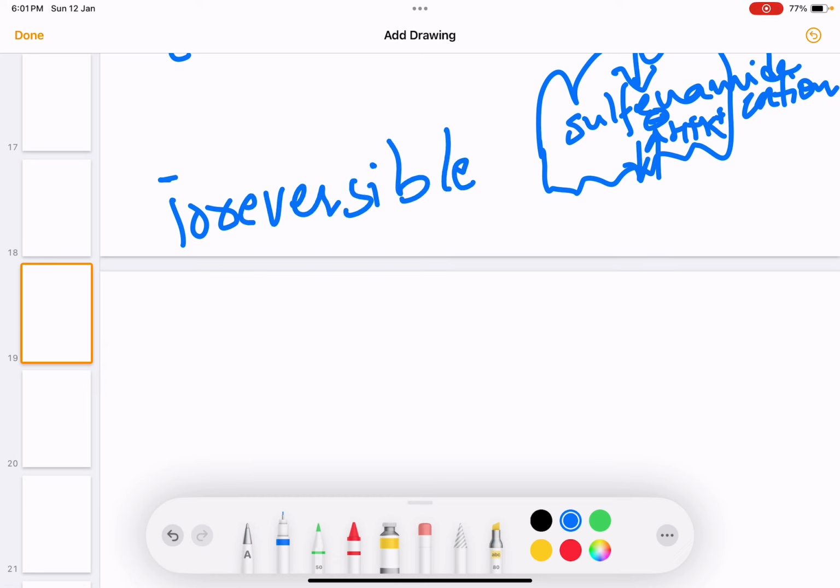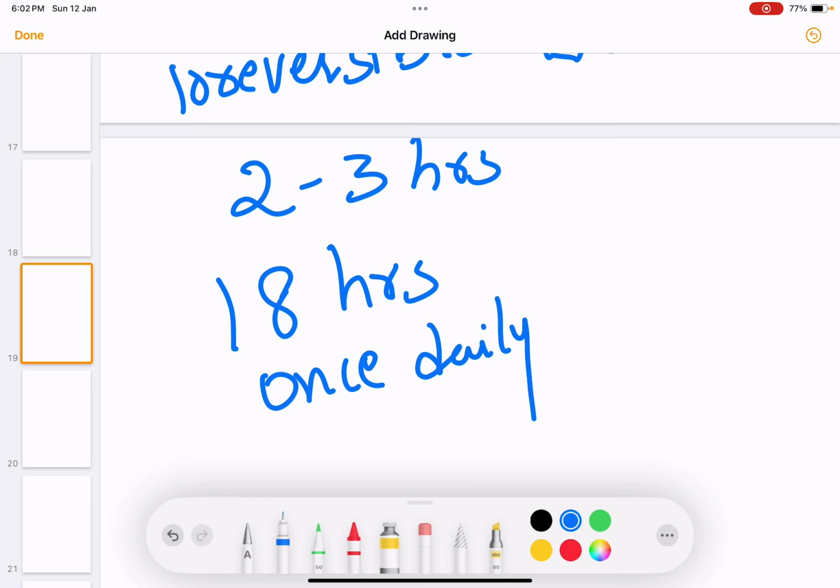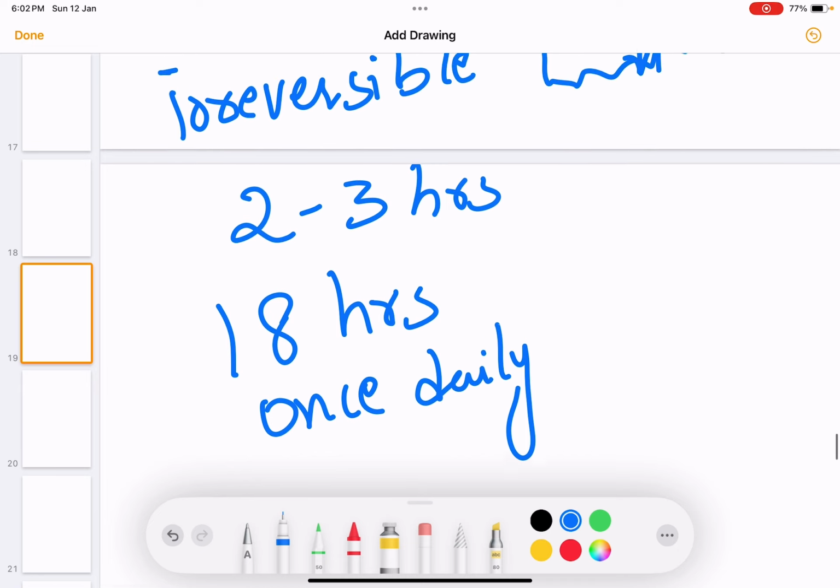So the serum half-life of proton pump inhibitors is 2 to 3 hours, but their action remains up to 18 hours because synthesis of new pumps requires up to 18 hours. So they act for almost a day and they are given as once daily dosing. For few indications, they may be given as twice daily dosing also. But even their once daily dosing is sufficient.